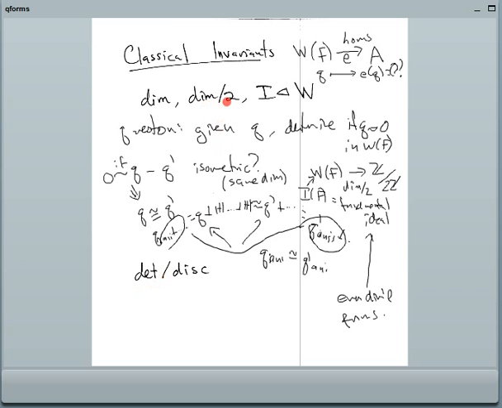So this was a very trivial invariant, the dimension mod 2. Another one is called the discriminant. So how is this defined? Well, let's see, what's a good way to define this?